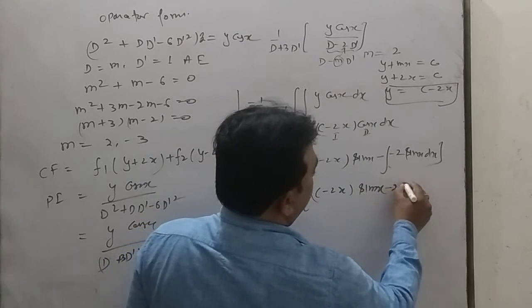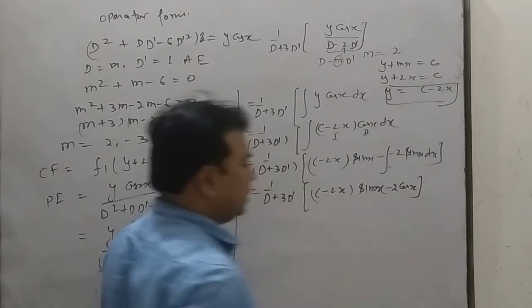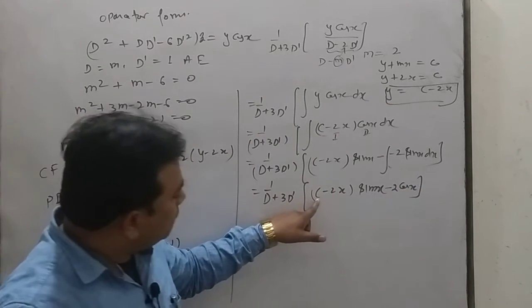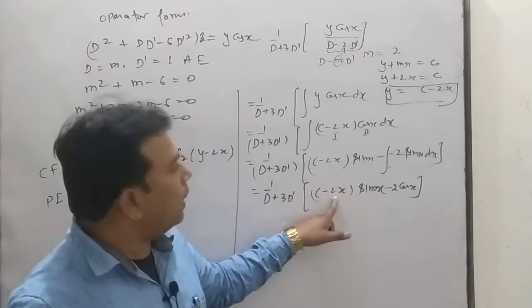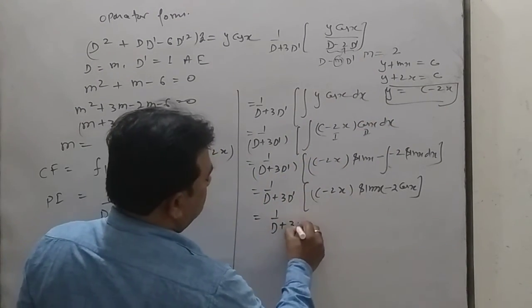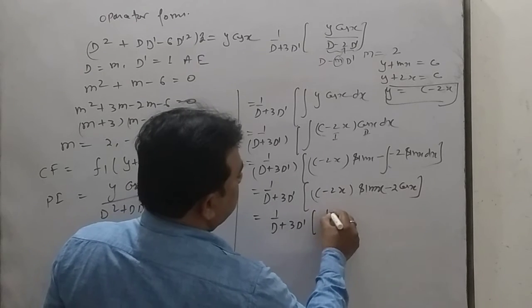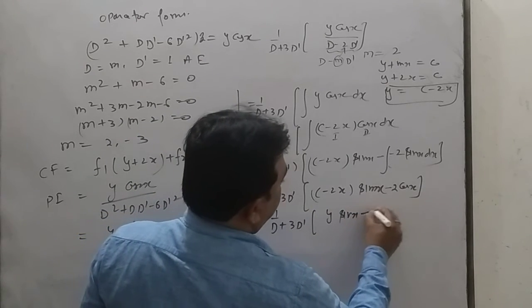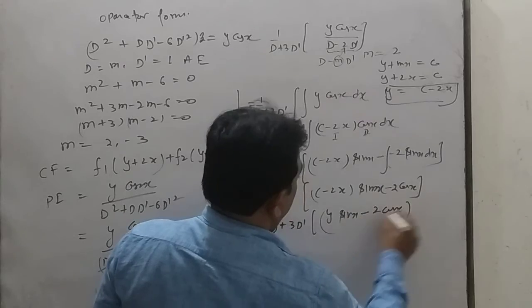Again change c minus 2x to y. So 1 upon (D plus 3D dash) of (y sin x minus 2 cos x).